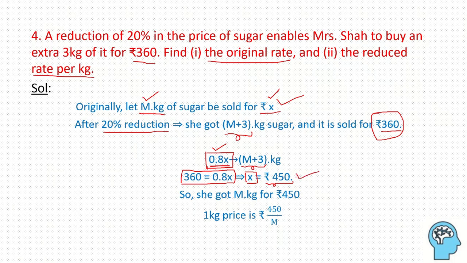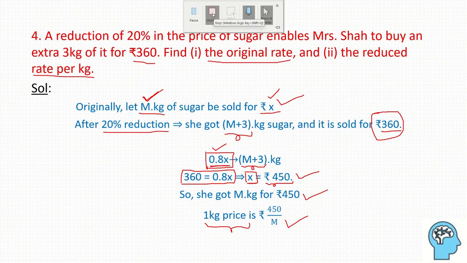So for 450 rupees she got m kgs. So 1 kg price can be calculated as 450 by m. So let's continue the rest of the problem in the next slide.